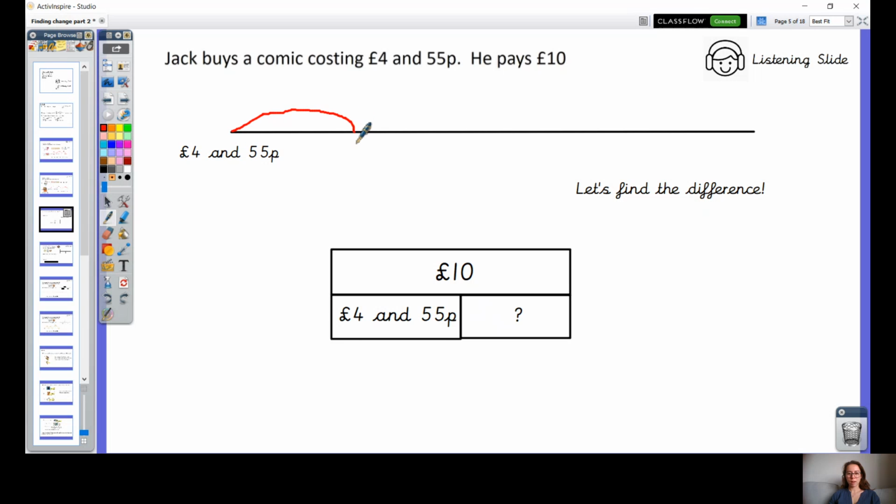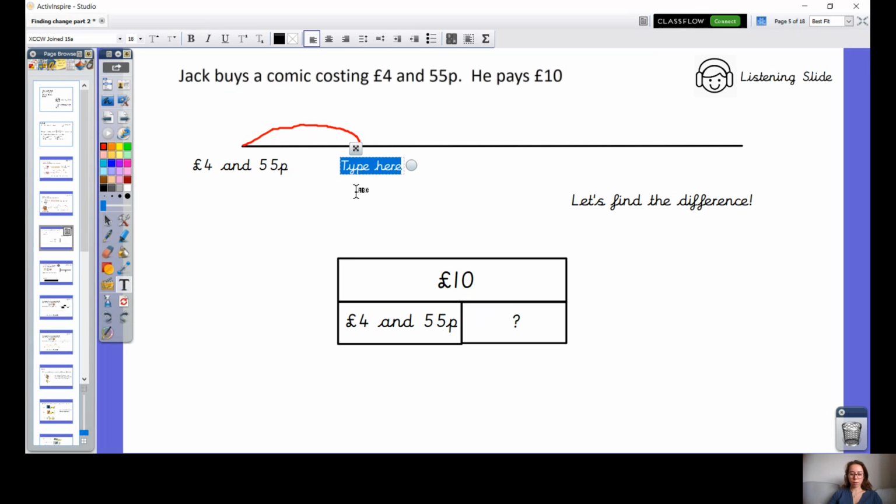Yeah, I'm going to be looking at the pence first to help me. So let's round that pence up to the nearest multiple of 10. So I'm now going to be having £4 and 60 pence, aren't I? There it is. And so far we've just added on 5 pence.